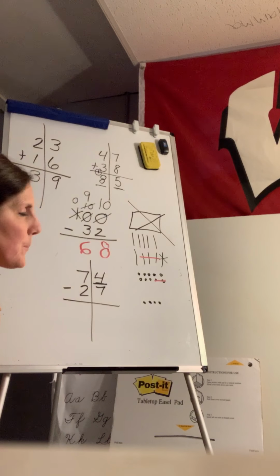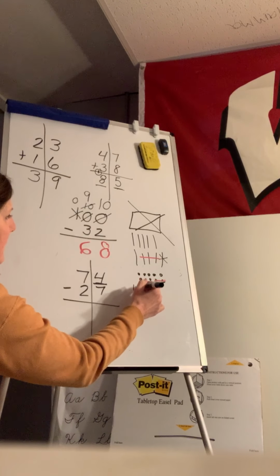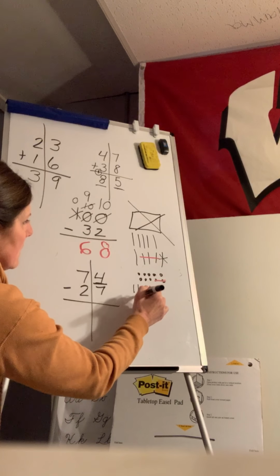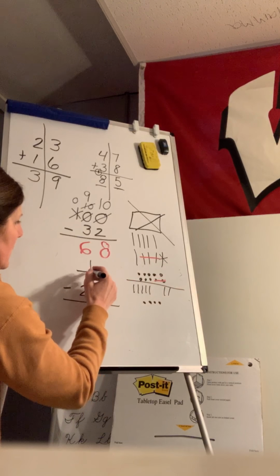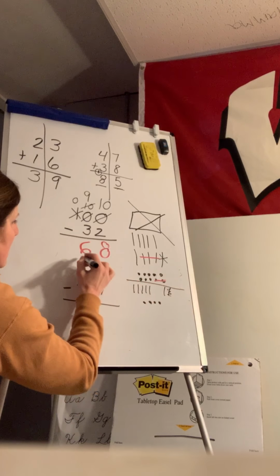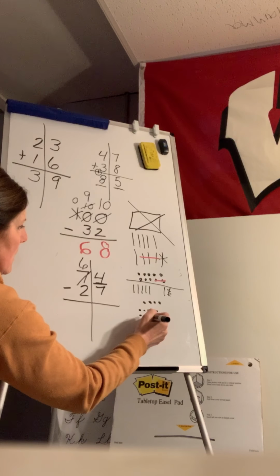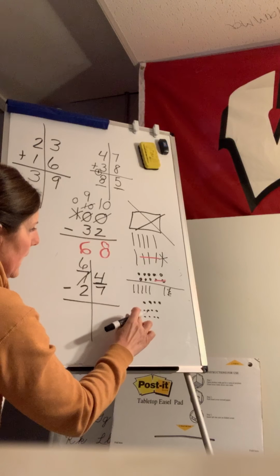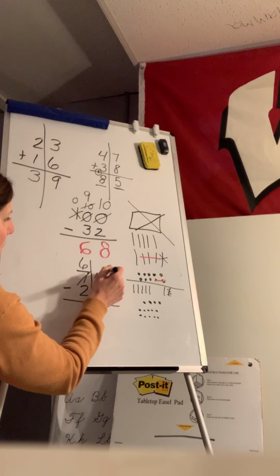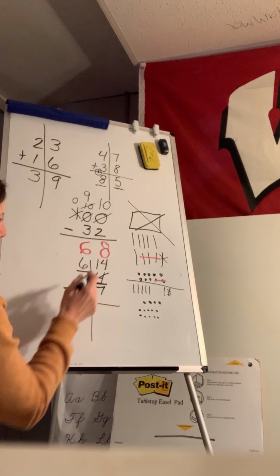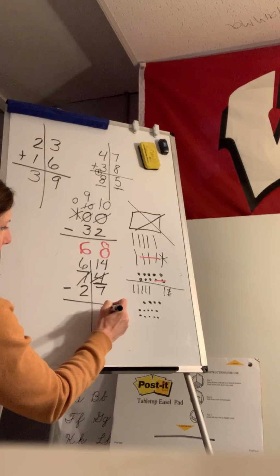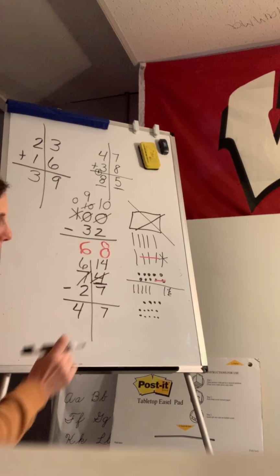I hope you said no. So what we have is 7 tens. We're going to take one of those 10s away. Now I have 6, and I'm trading that in for 10 ones. And now I have 10 and 4, or 14 ones. Now I can do 14 minus 7, 6 minus 2.